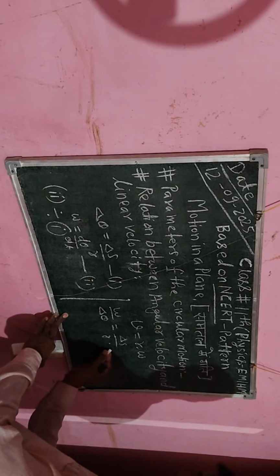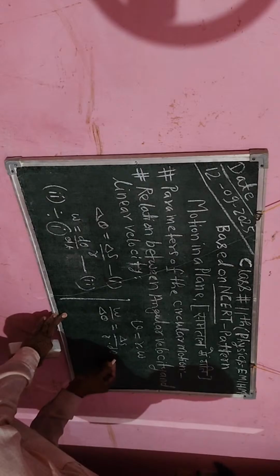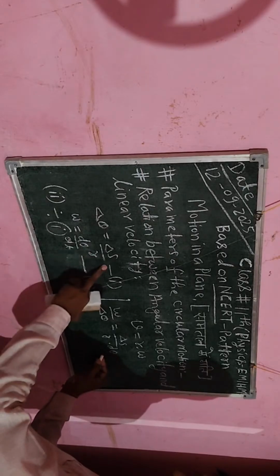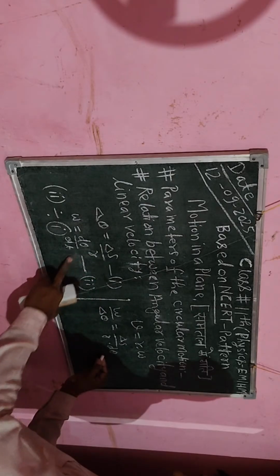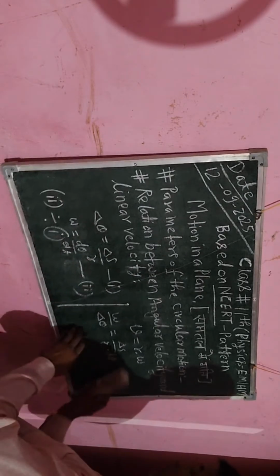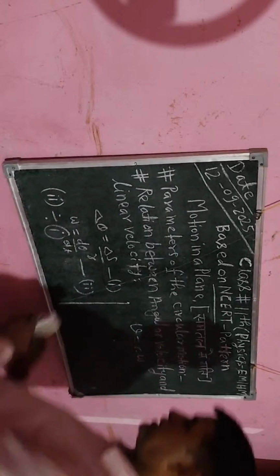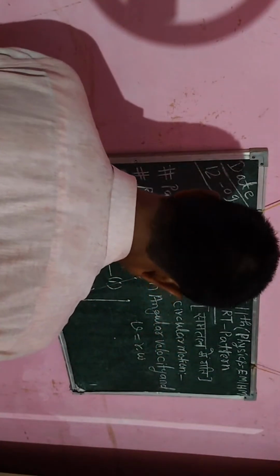Now here there will be delta theta. I will not divide the theta, I will multiply it here. So I will multiply equation 2.